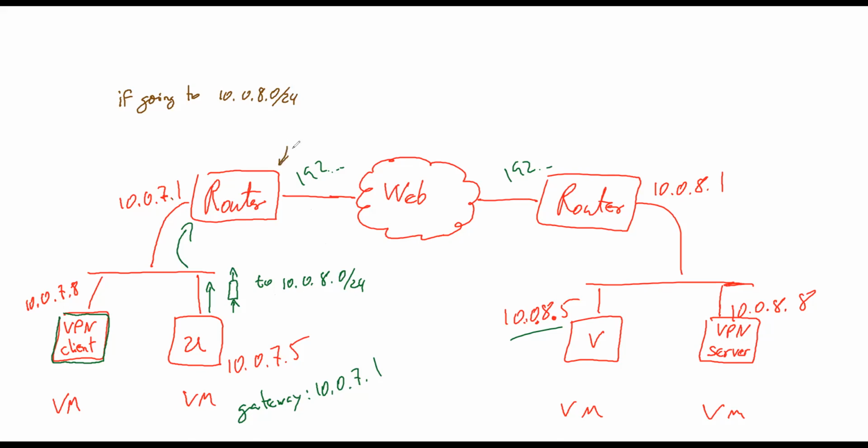The question is, what do I do with that packet? Well, the packet needs to be encrypted. It needs to follow some specific requirements. Therefore, I send it to the VPN. So if that's the case, send to what's the VPN? 10.0.7.8. You see that? That's basically the routing rule there.